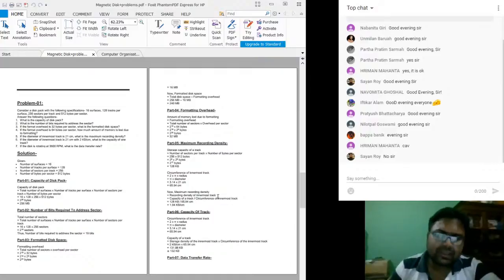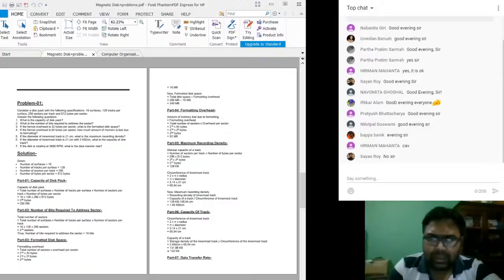So the highest density will be found towards the center. So you have to evaluate it with respect to the innermost track. The diameter of the innermost track is given, so you find out the circumference, and then the capacity of the track divided by the circumference of the innermost track gives you the maximum recording density.